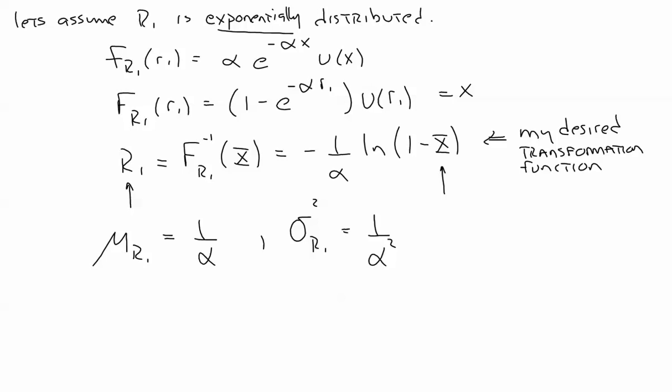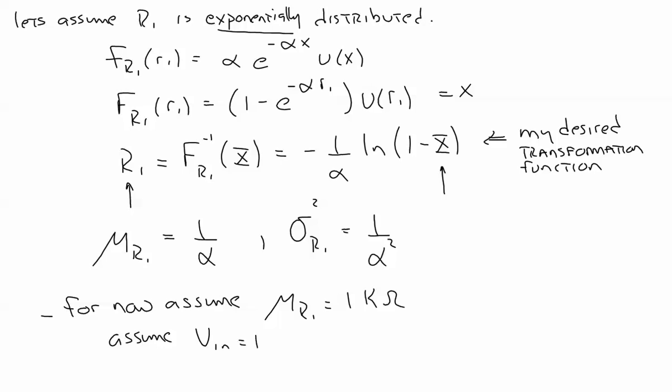I am going to assume for this problem that the mean value for R1 is 1 kiloohm, and that Vi equals 12 volts DC, and that R2 is a fixed value of 1 kiloohm.